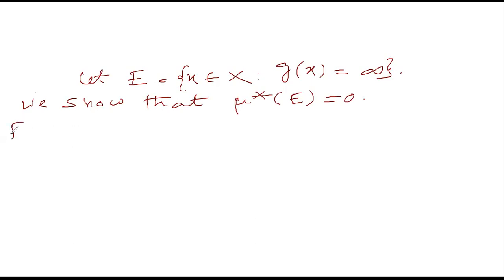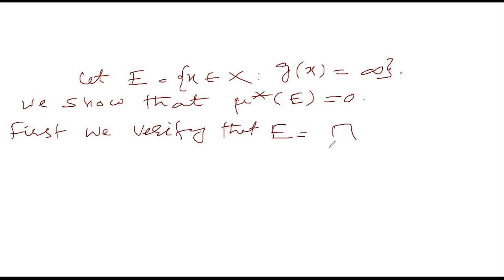First we verify that E is equal to the intersection, as i runs from 1 to infinity, of the union, as n runs from 1 to infinity, of the sets x belongs to X such that fn(x) is greater than i.